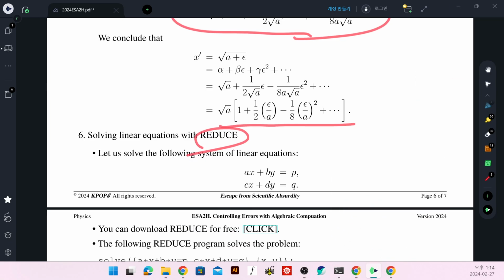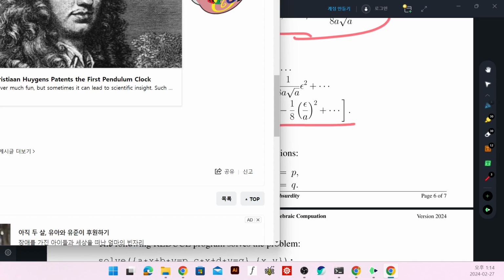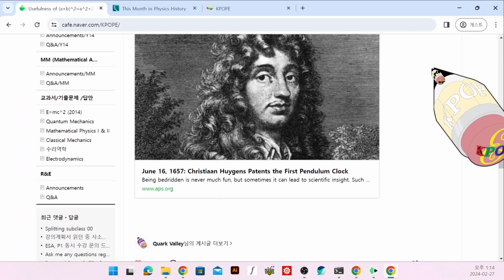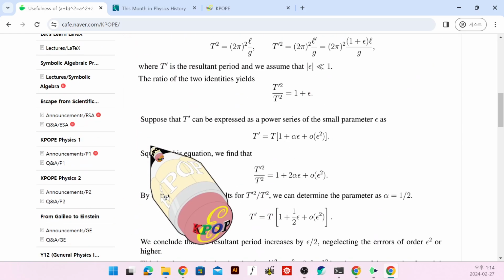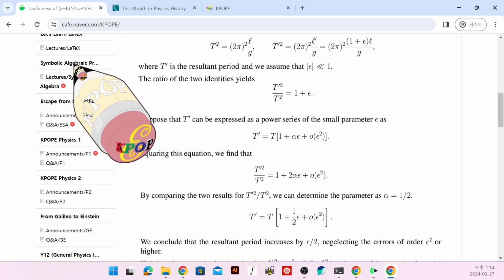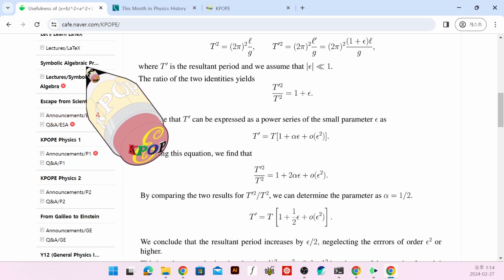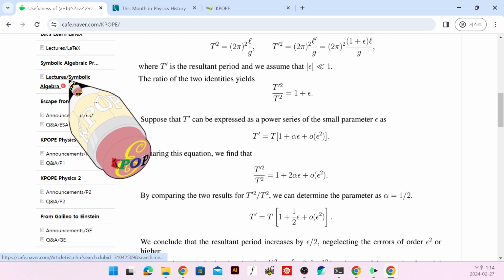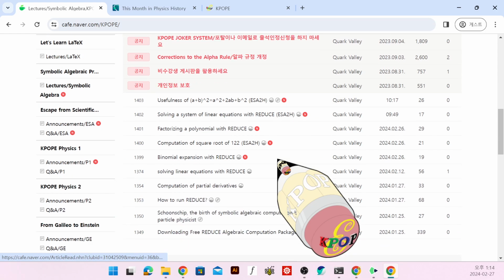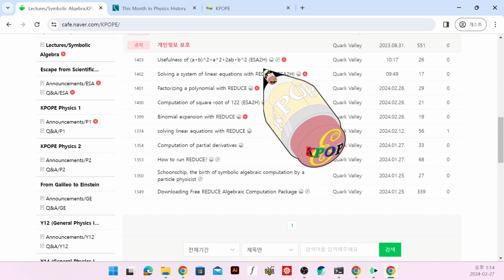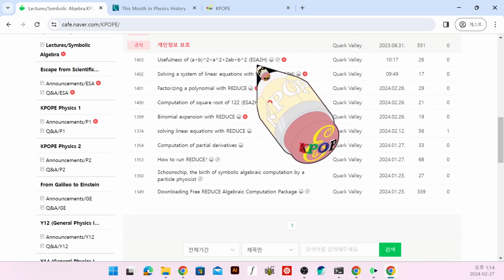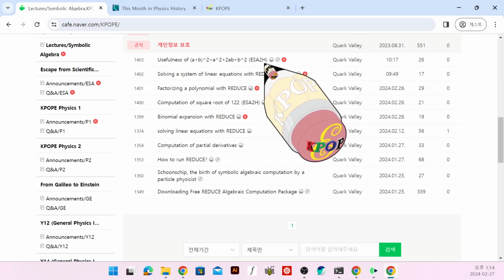For example, this is the Naver Cafe, and if you click the symbolic algebraic program here, lectures, you might have noticed that there is a title with parentheses that has the indication ESA2H.